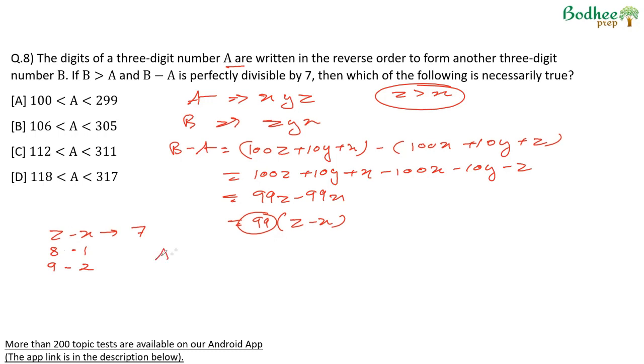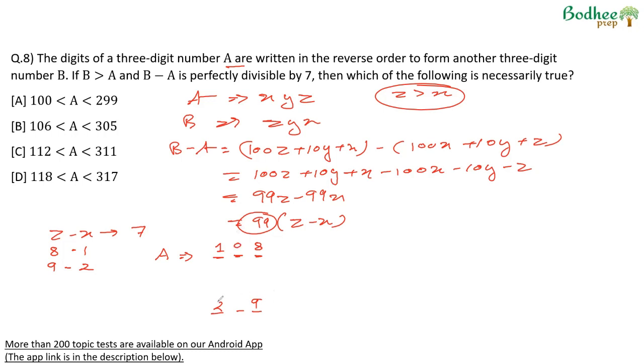So if we look at the value of A, it will start from 1 dash 8, and the highest value that A will have will be when X is 2, Z is 9. For the smallest value, we will take the smallest possible value of Y, which can be 0.